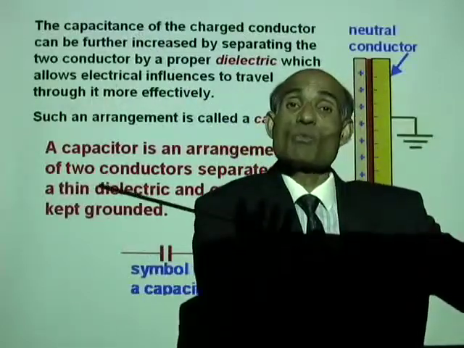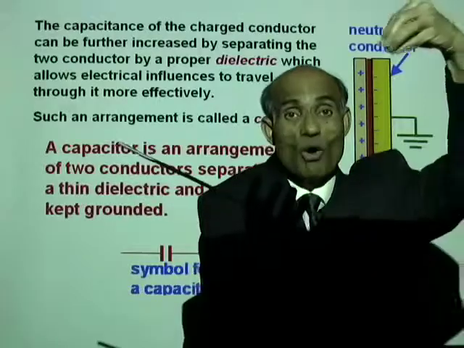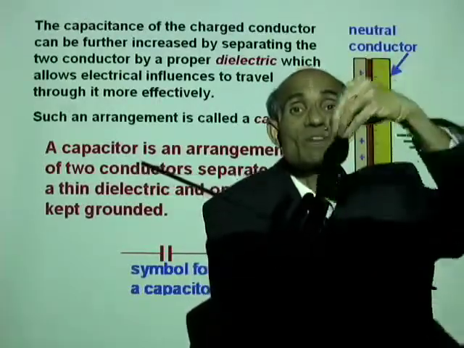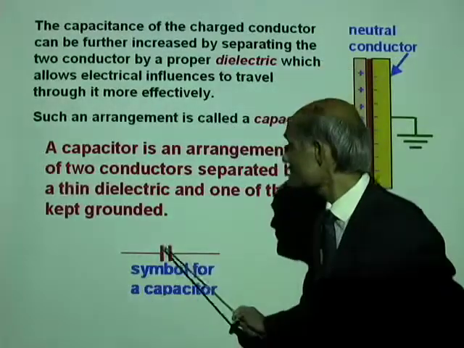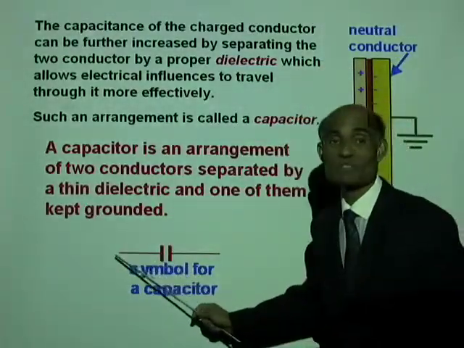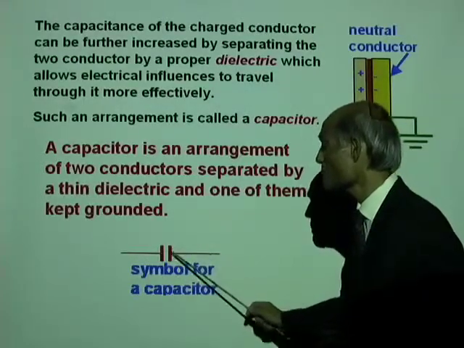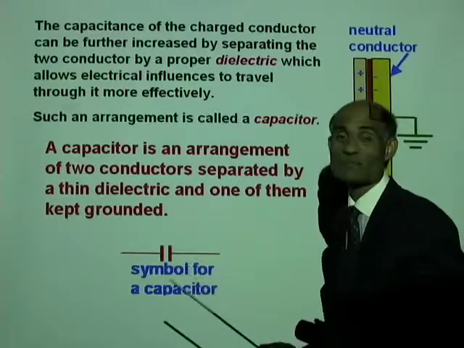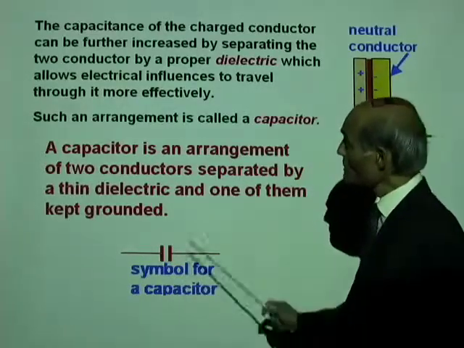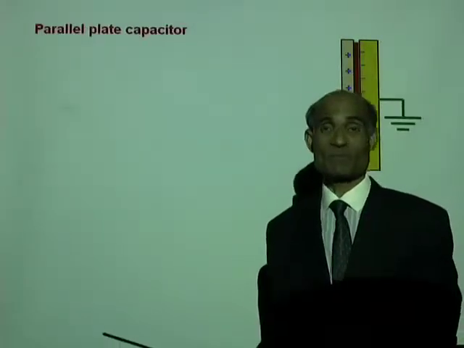In other words, we want to store more charges in the conductor or in the capacitor. And look at the symbol we use for a capacitor. A capacitor is represented by this symbol, two parallel lines with the connecting leads. So this kind of arrangement is called a capacitor.